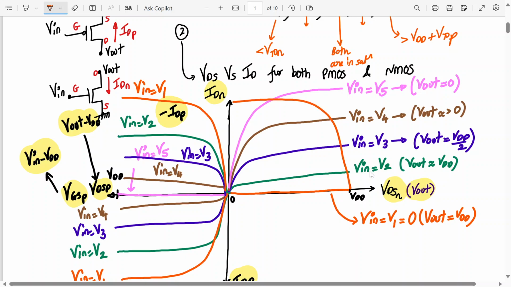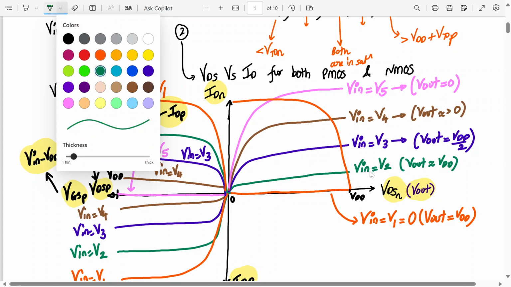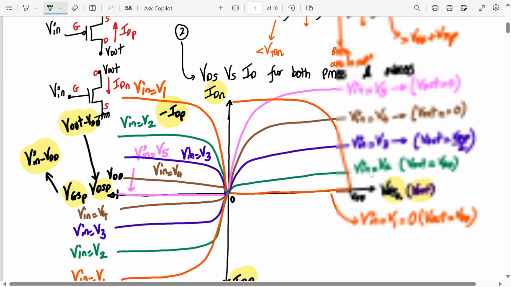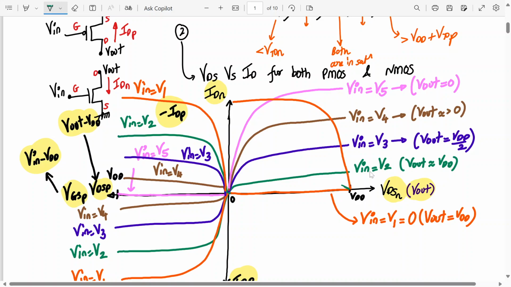This is the orange curve, and then the green one. Sorry for that. Okay, let me draw it properly. Then the blue one, and finally the green one.